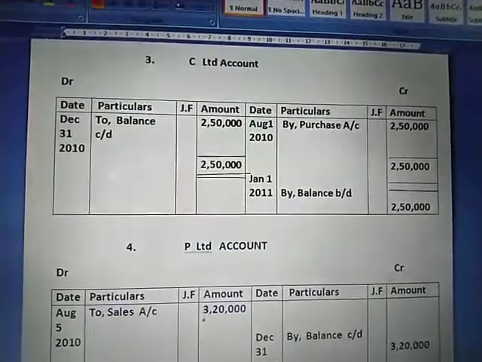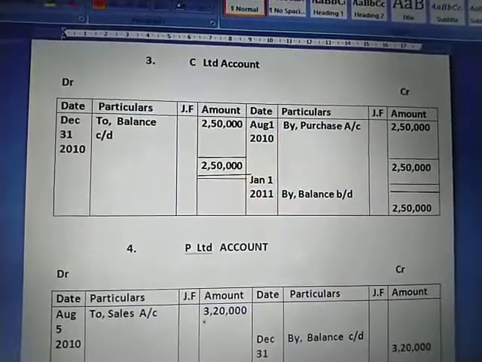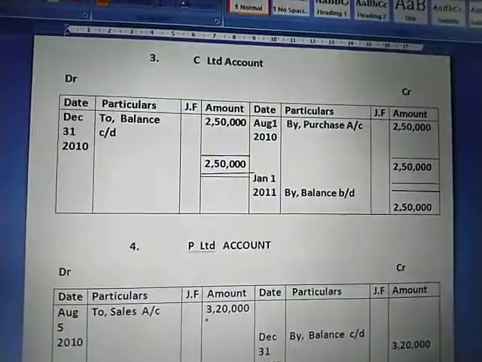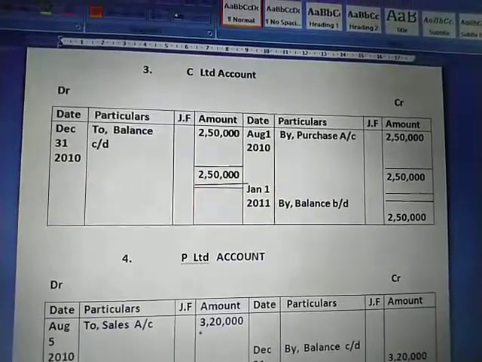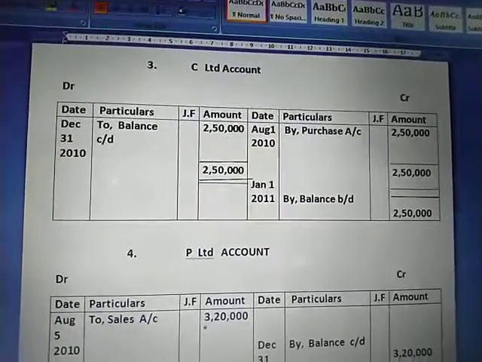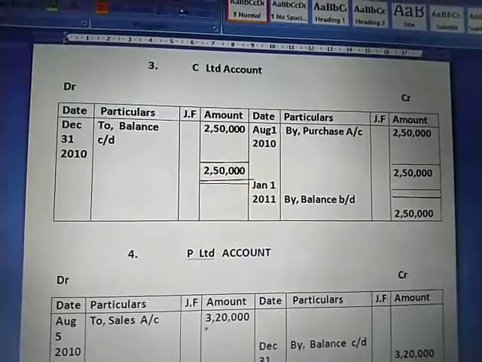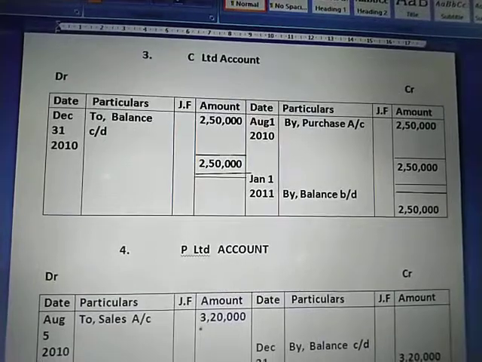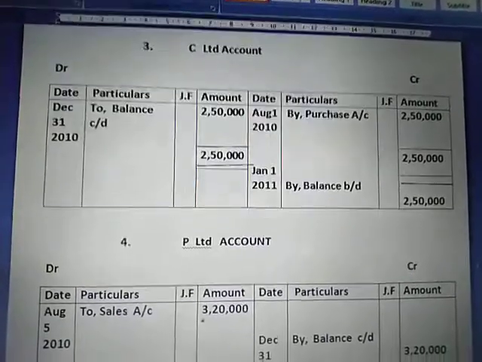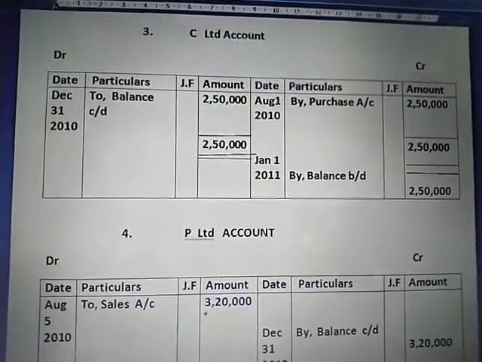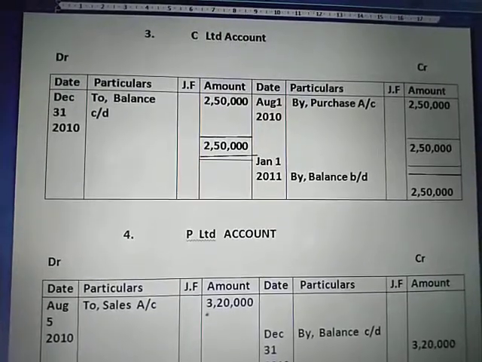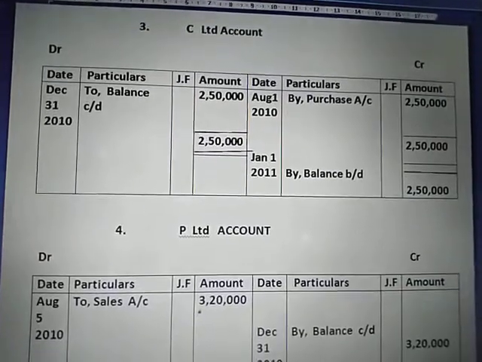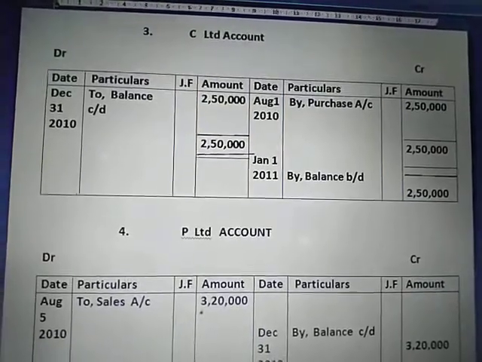Now we find that the debit side has no transaction, so the debit side is lesser than the credit side, so the credit side amount will be transferred here as to balance CD, carried down, and then we have to close this ledger account by a double line. On the first day of the next accounting year, that is Jan 1 2011, we will simply bring down this balance for the next accounting period, so by balance BD rupees 2,50,000.